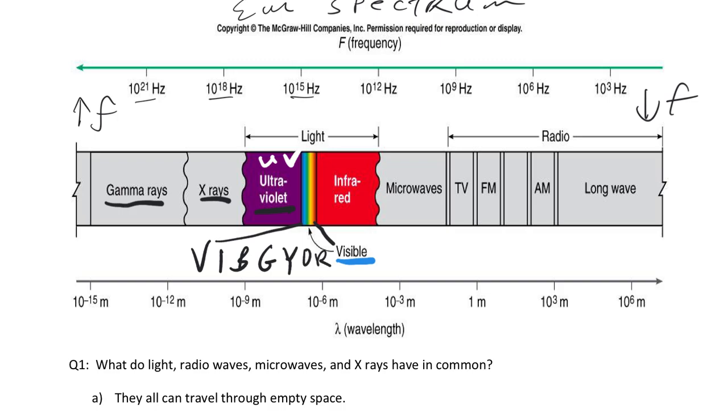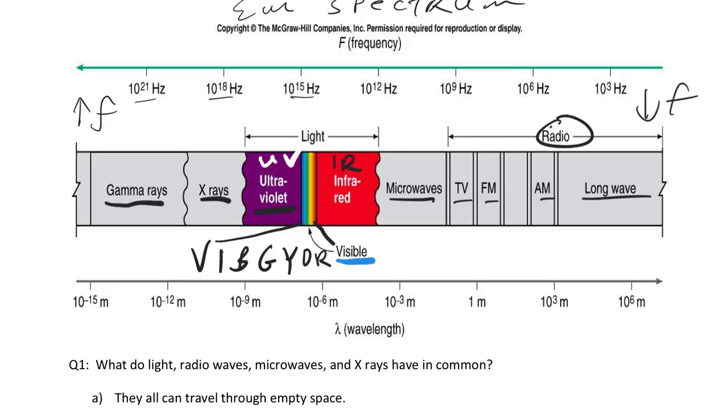Okay, continuing on the spectrum from high to low frequency, after red light is infrared, IR. And then we get microwaves. Then let's just classify all these as radio waves: TV, FM, AM. Then cosmic long waves.